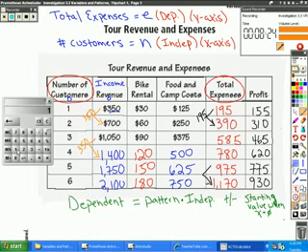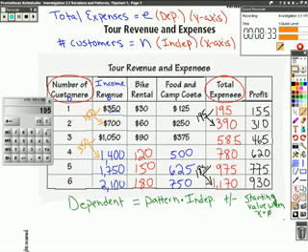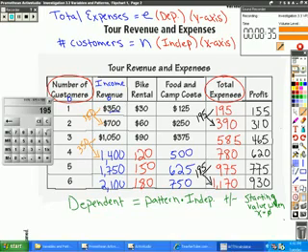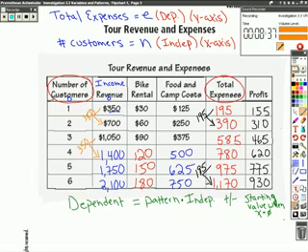And 1170 minus 975 equals 195. We have our pattern. Our pattern is 195.